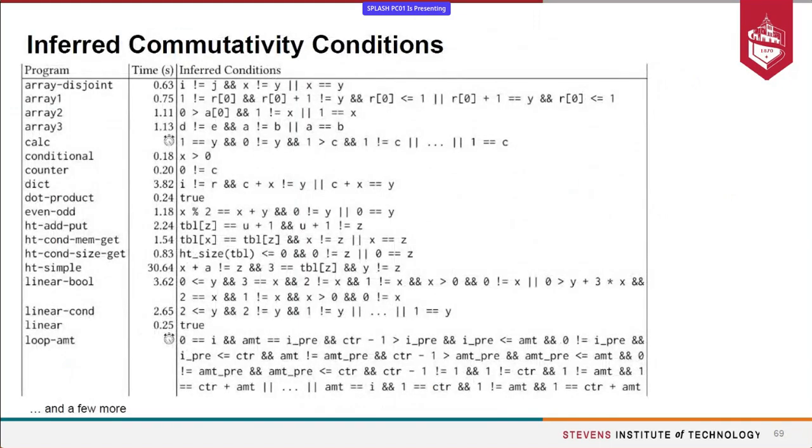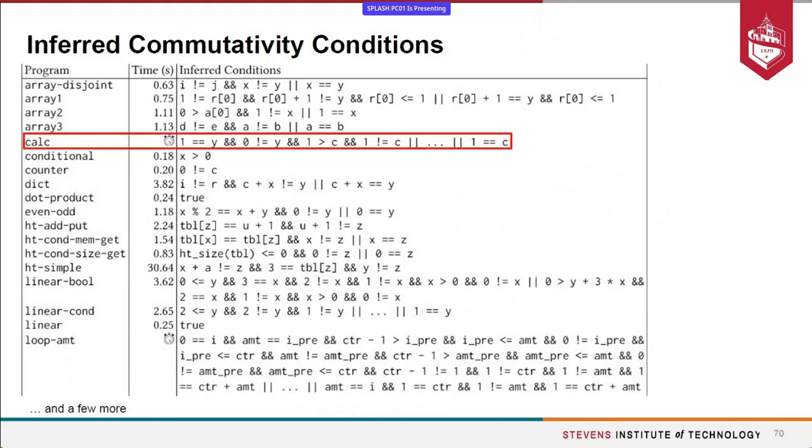And we also looked at whether we could practically synthesize commutativity conditions for most of our programs. And you can see for the vast majority of these, we get a pretty readable condition in just a few seconds. And there are a few with either very long, hard to read conditions, or they take a long time to the point of timeout, or both. And unfortunately, our calc example is one of these.